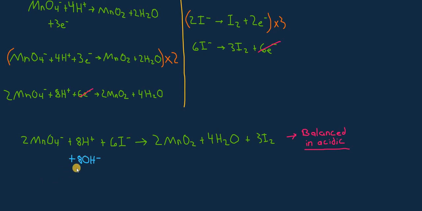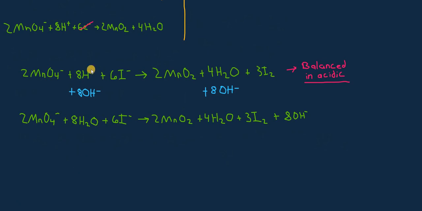But you have to do the same thing for the other side. So you also have to add 8 OH- ions over here. So you add 8 OH- ions to both sides. So now, when you combine those OH- and H+ ions, they become water, so you just get 8 water molecules out of that.